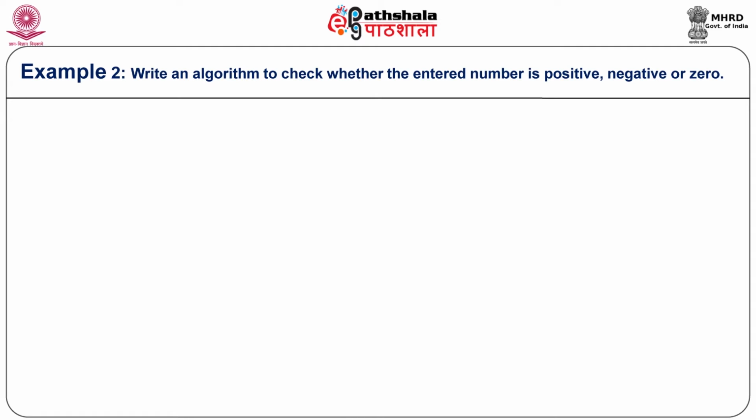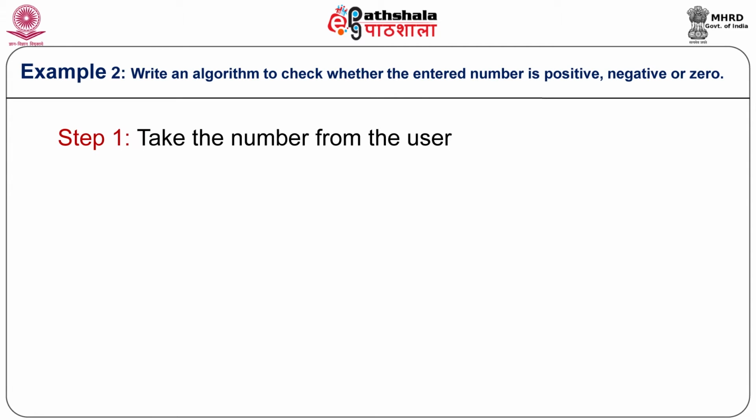Second problem, consider an algorithm to decide whether the entered number is positive, negative or 0. Now this problem is written in terms of an algorithm. So the first step is to take a number from the user.